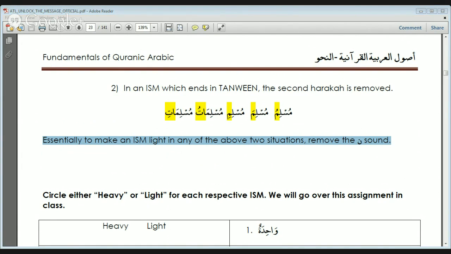Now, I want to add one more thing here. When alif lam comes at the beginning of an ism, the tanween drops. The tanween drops. So for example, muslimun means what? A Muslim.